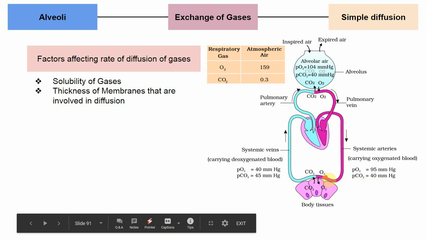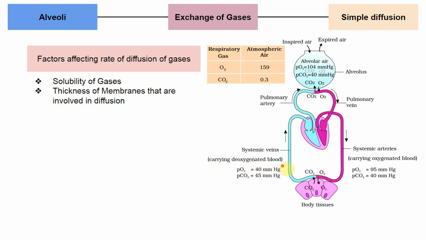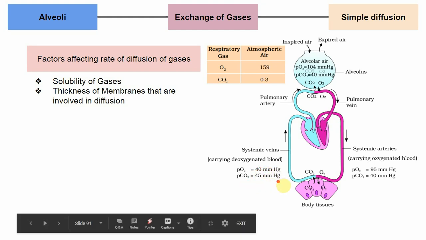So as the oxygen is delivered and the carbon dioxide is taken up, this blood is now termed deoxygenated blood, whose partial pressure for oxygen is around 40 mmHg and for carbon dioxide is 45 mmHg.